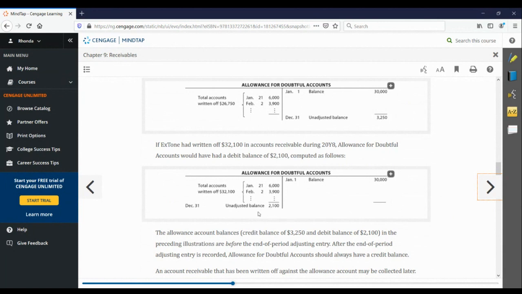And so this would be the unadjusted balance if we wrote off more uncollectible accounts than we estimated.